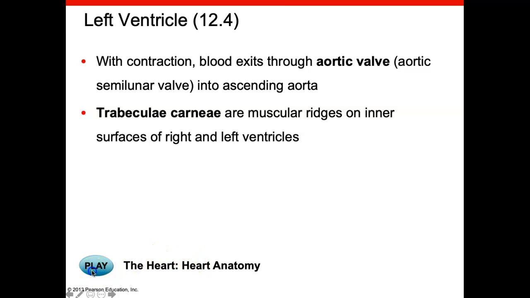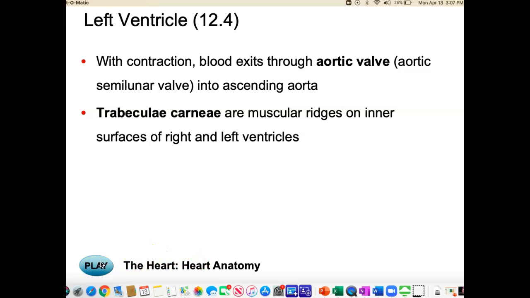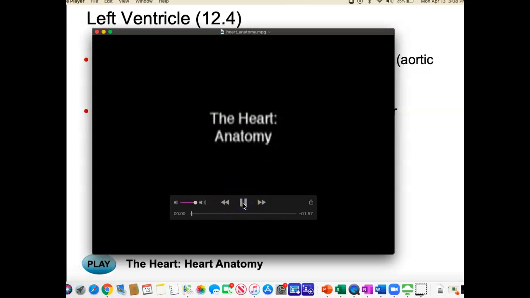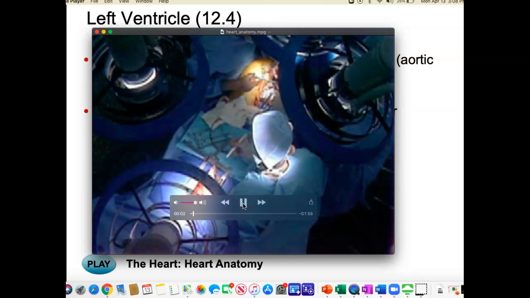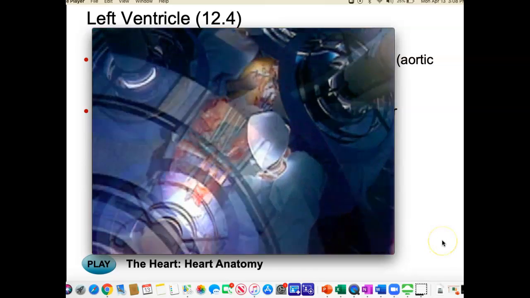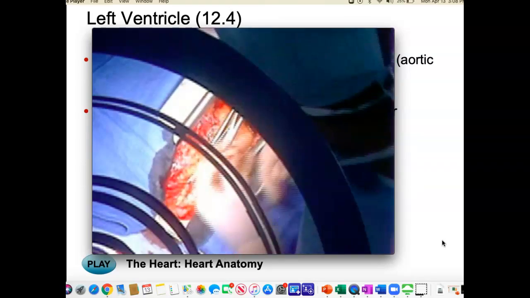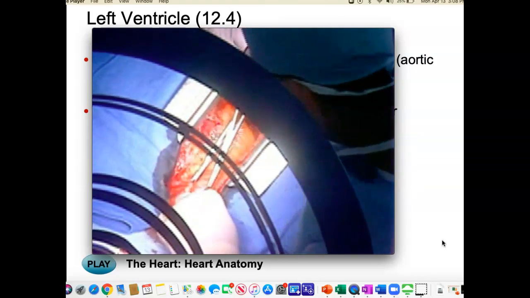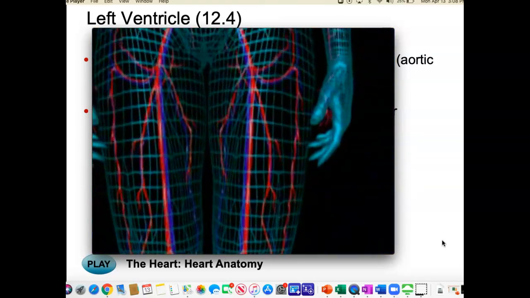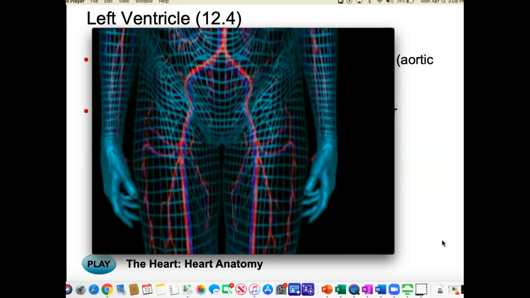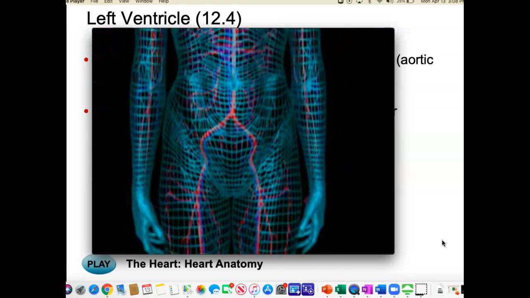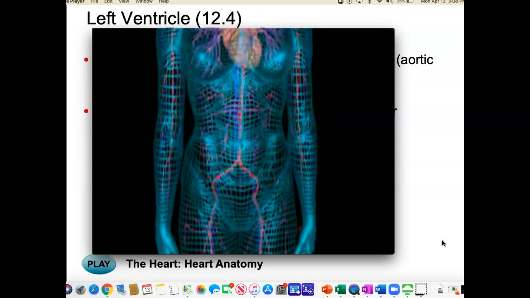So we'll play this short video, the heart anatomy. The heart is a muscular pump that works continuously to circulate blood through the cardiovascular system. Blood carries oxygen, nutrients, hormones, waste, and other substances to and from cells of the body.